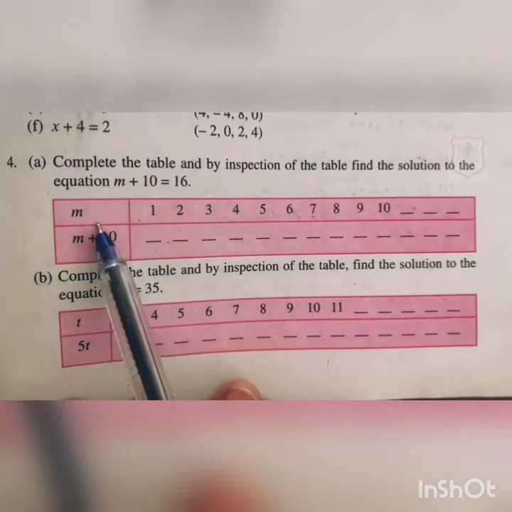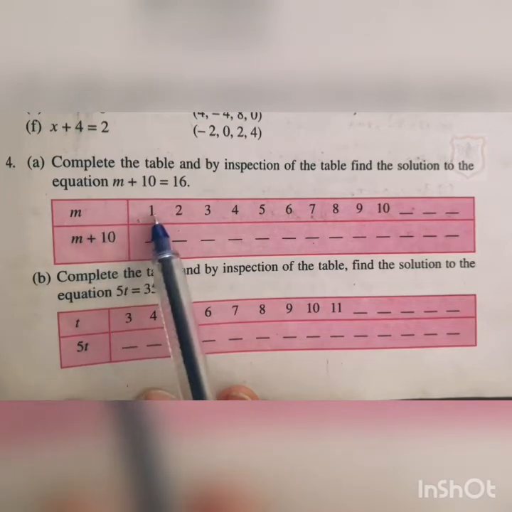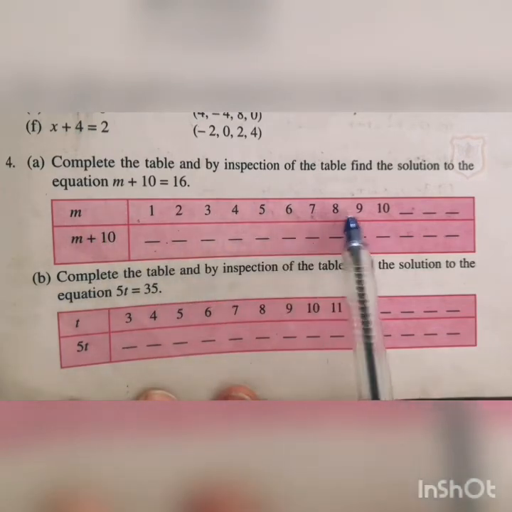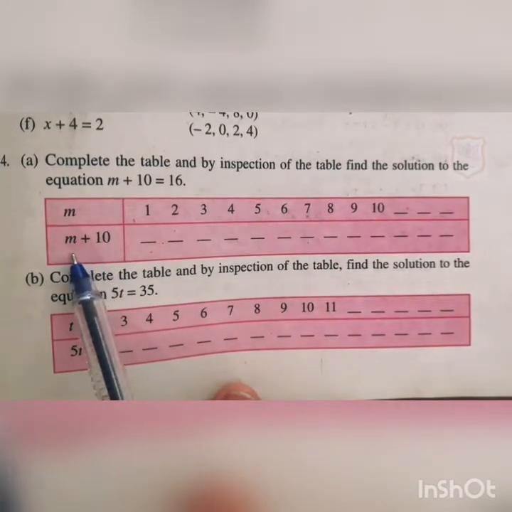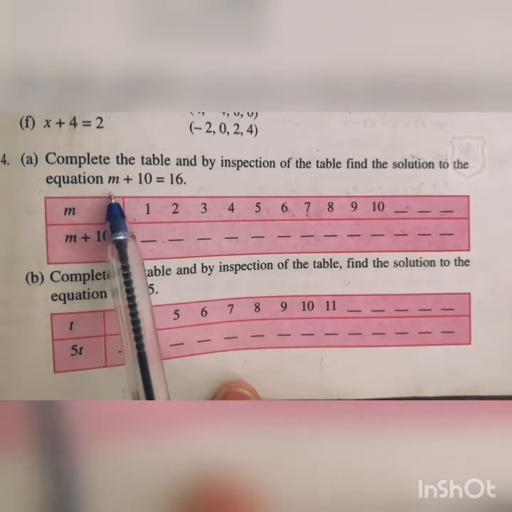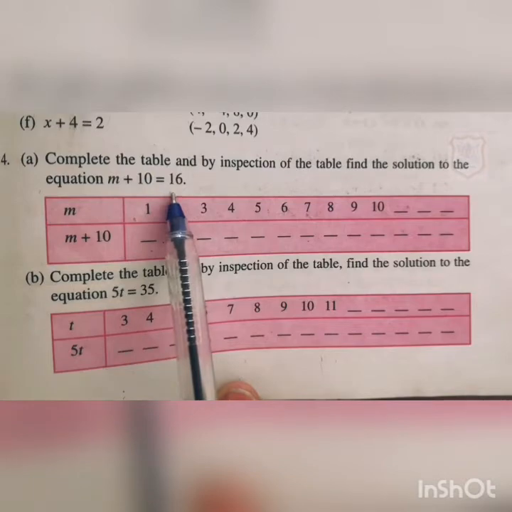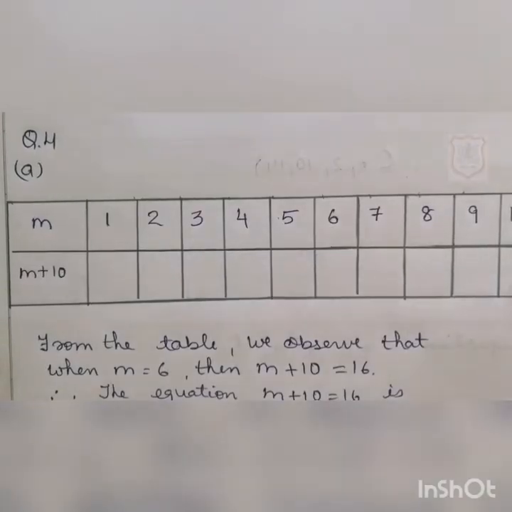So the value of m is from 1 to 10. And here we have to write m plus 10. So we'll substitute the value of m as 1 to 10 and we will find which is the solution.